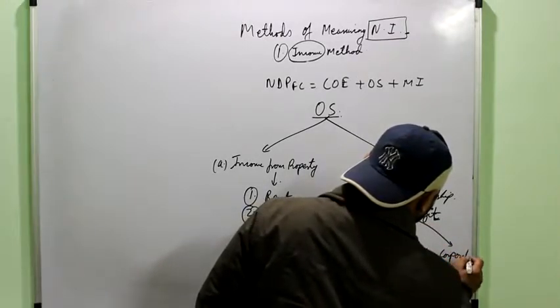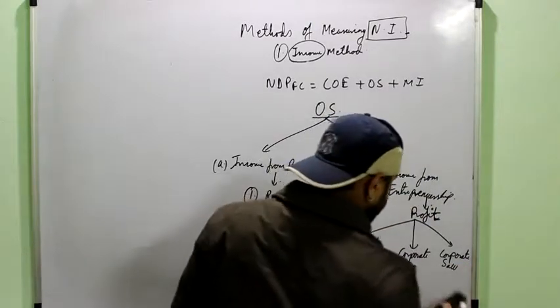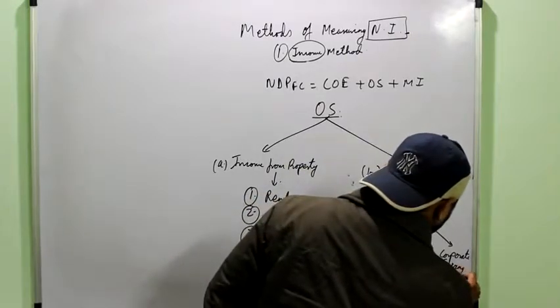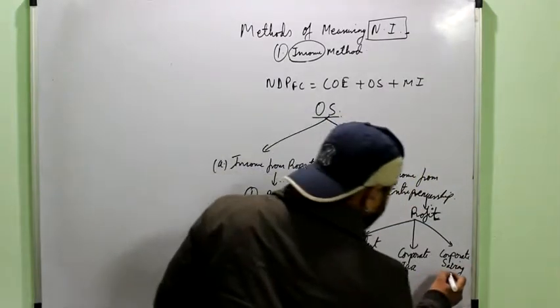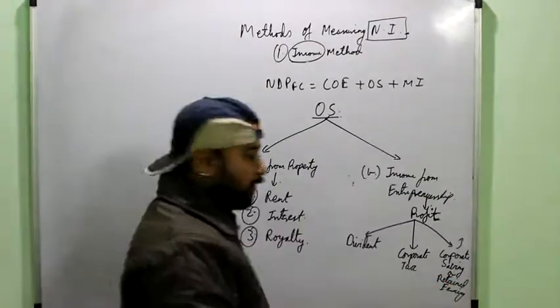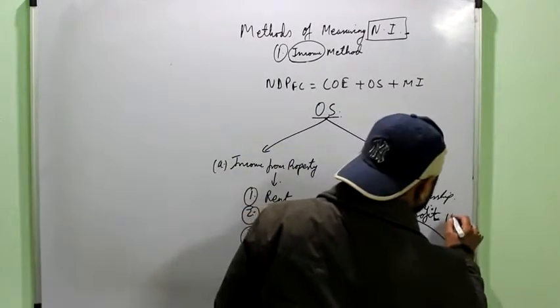Third is corporate saving. Corporate saving is also known as retained earning, or undistributed profit.